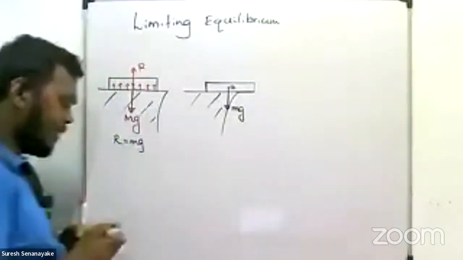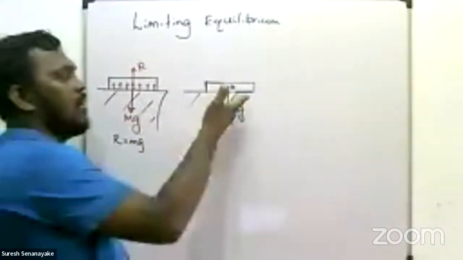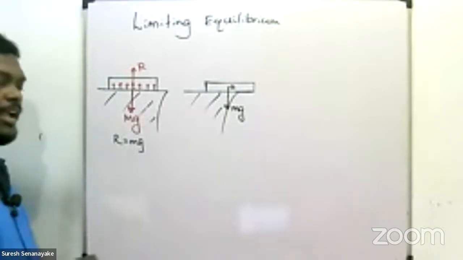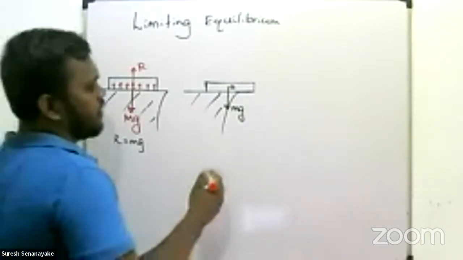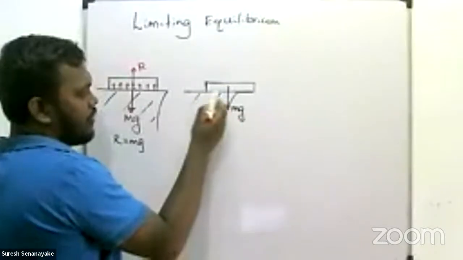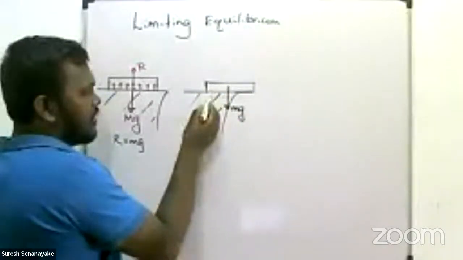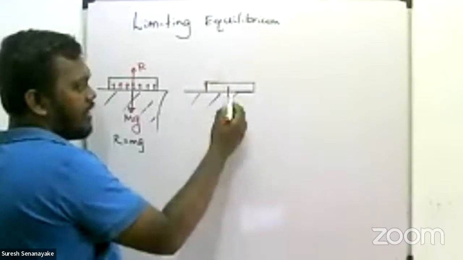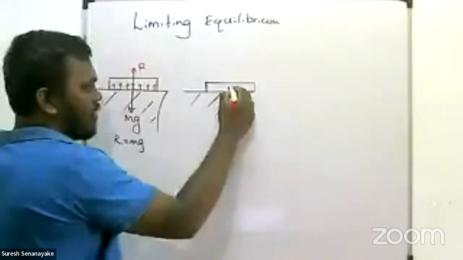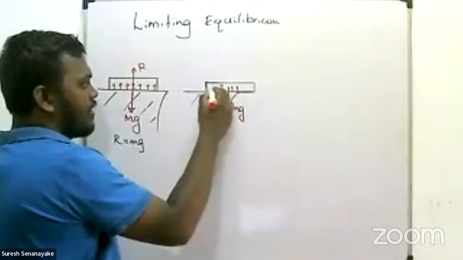Now there is no reaction acting on this part, that part is out, there is no contact. So it implies that the forces acting on this side should be much greater than the other side. This side has a smaller force, this side has a larger force.